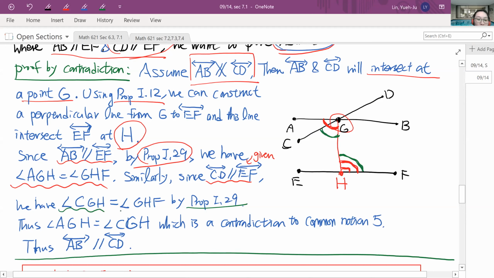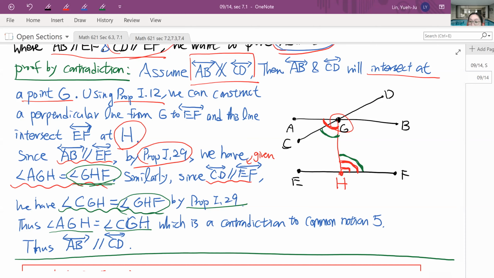So we're going to have CGH equal to GHF. Then if you combine this, on the right-hand side, you both have GHF, so the left-hand sides are equal. So this tells me that the red angle AGH is equal to CGH, which is definitely a contradiction from what you saw, right?